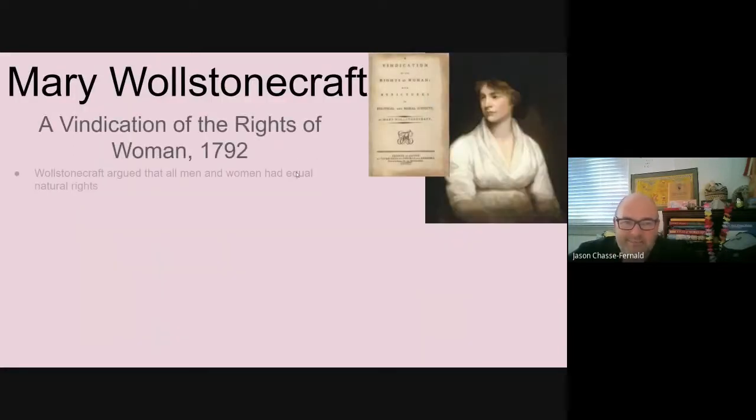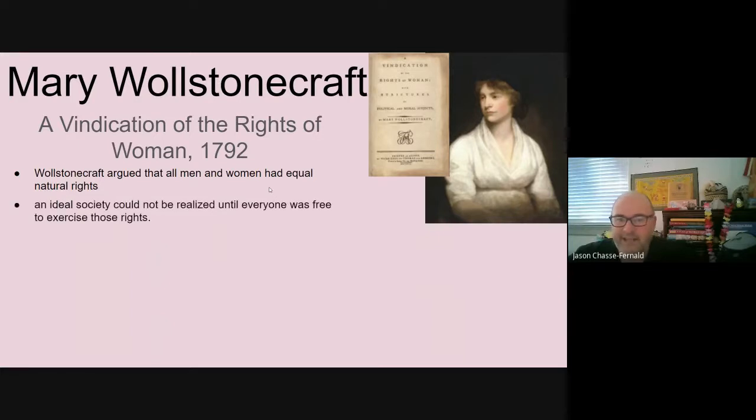So let's just kind of do a quick little summary here. Right. So what is the Vindication of Rights of Women about? Right, Wollstonecraft will argue that all men and women have equal natural rights. Right. So what do we see here? We see a modification of an Enlightenment ideal. Right. So who is the Enlightenment ideal modifying? Right. So read that again and think about it. Hopefully you should figure out that is modification of Locke.